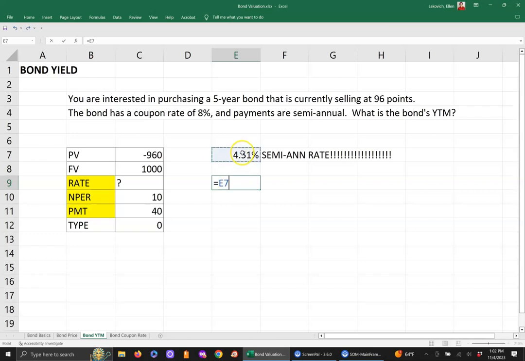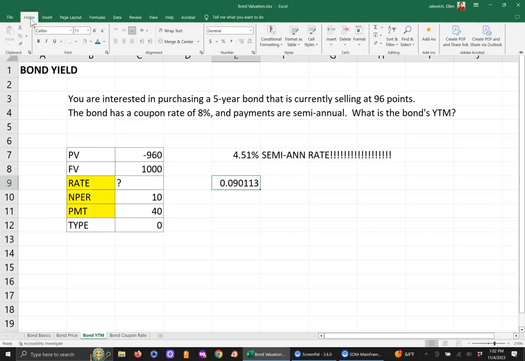So equals, I'll click on that, times 2. And this is the answer to the problem, but in the wrong format. That's a decimal. So click on it, go back up to Home, and here there is a percent sign. Click the percent, and once again, increase my decimal twice: 9.01%. This is the answer to the problem.